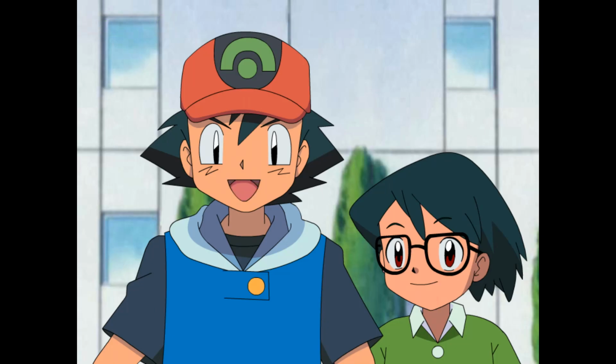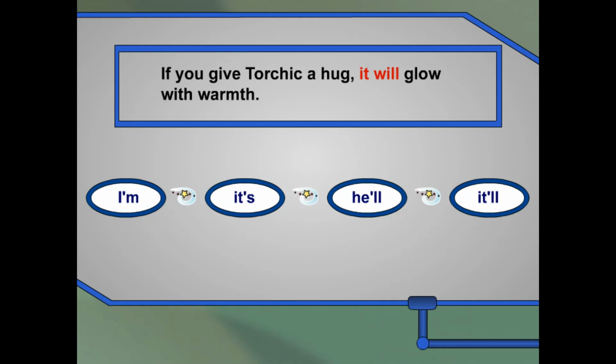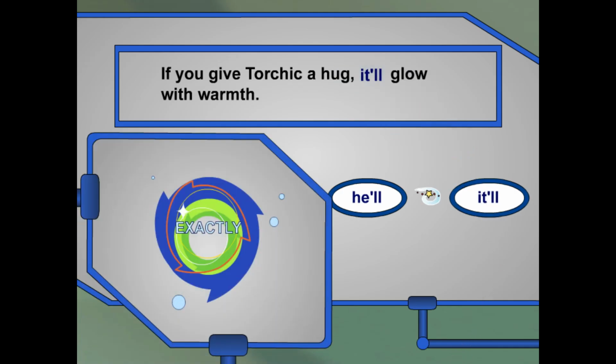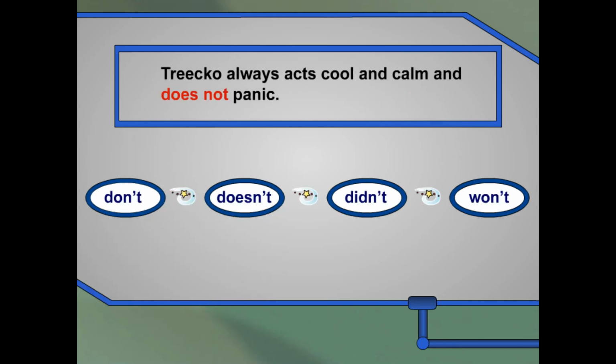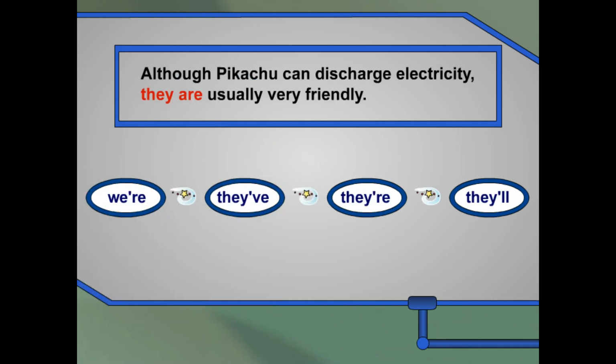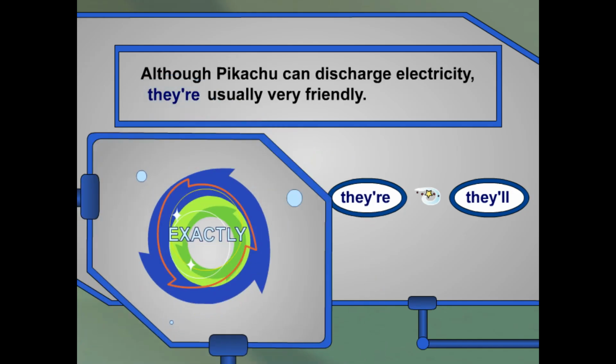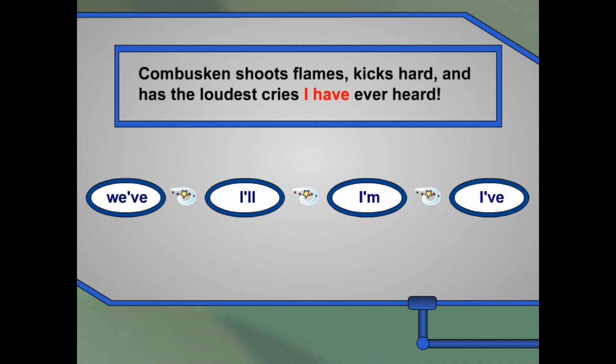Let's look at them one by one. Try this one first. Which contraction can replace the two red words? Exactly. Here's another description. Yeah. Which contraction fits in this sentence? Exactly. This time, replace these words.